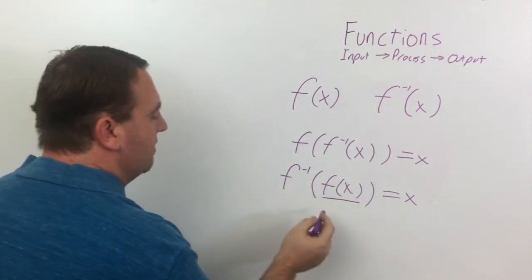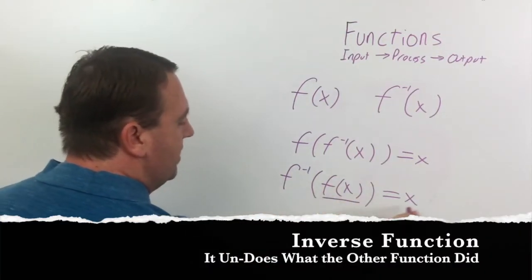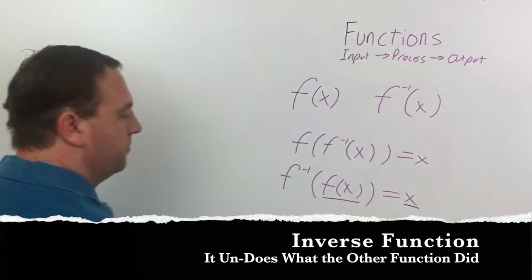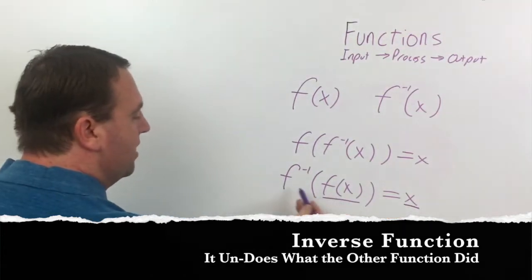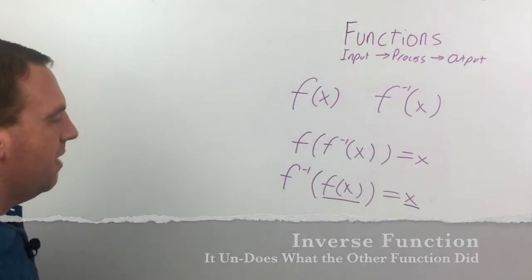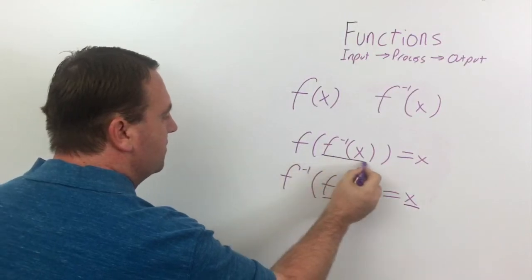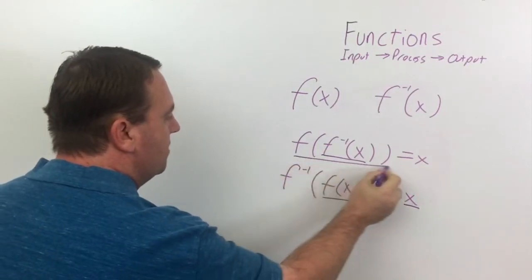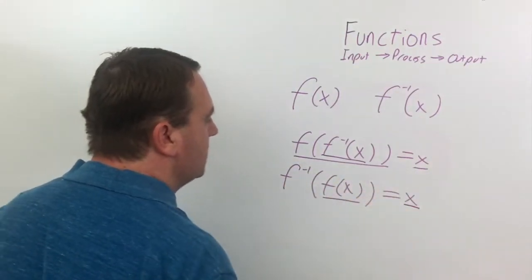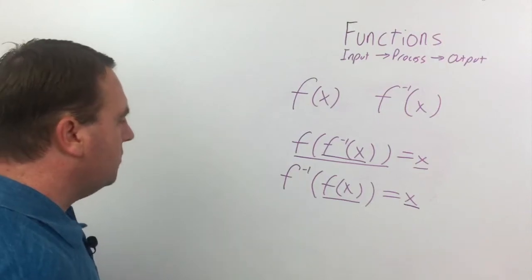So inverse f is going to take my output and give my input back. If you run a function and then run its inverse, you get the original value back. And likewise, if you run the inverse function and then run the main function, you'll get the original value back. So these two are very important. You'll use them a lot.